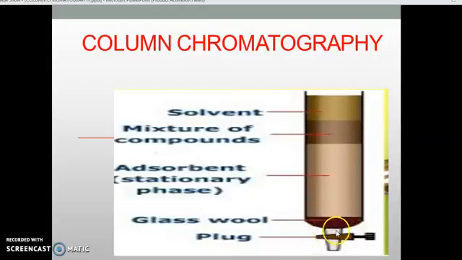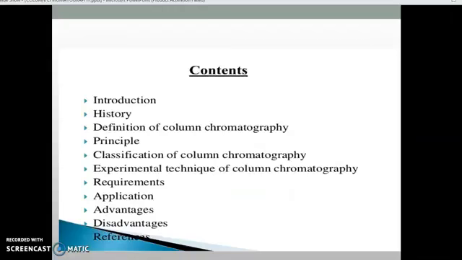The separation happens by using this plug, a wool-type material, which does not allow the adsorbent to go outside the column. So this is the type of arrangement we are looking at.